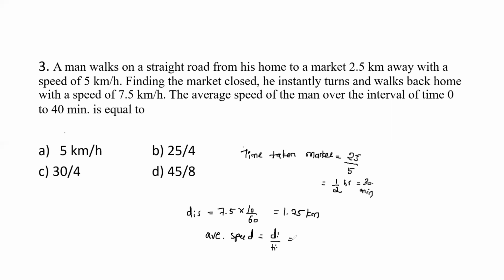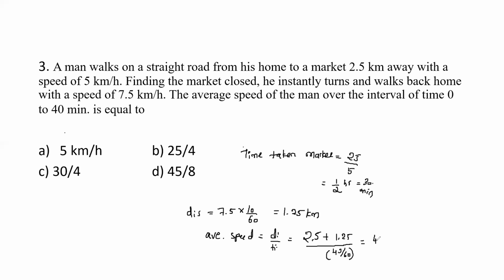The distance traveled: from home to market it is 2.5, plus the next journey is 1.25, because he increased the speed. Then time is 40 divided by 60.